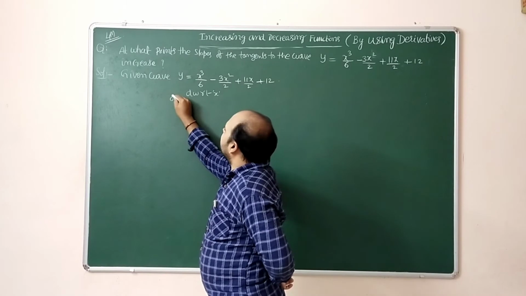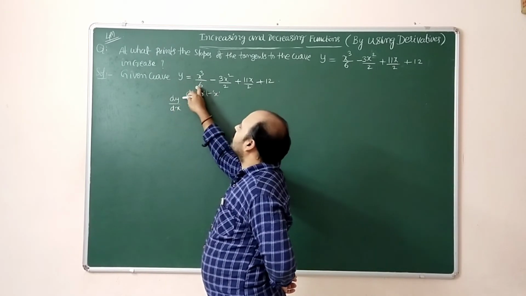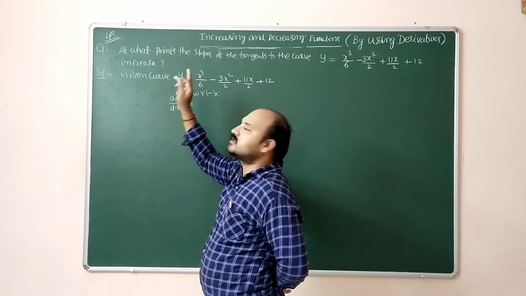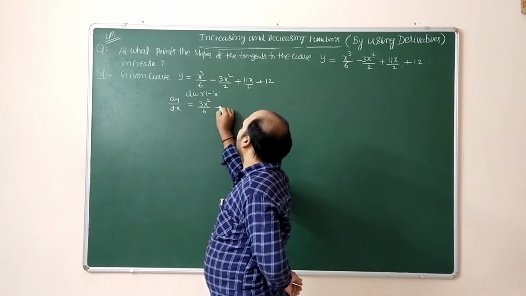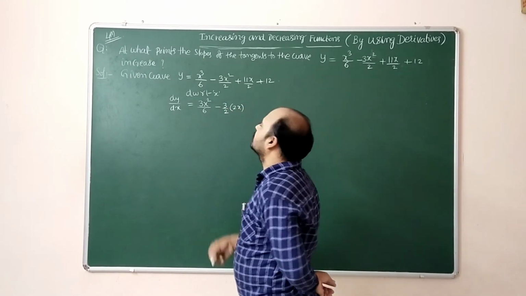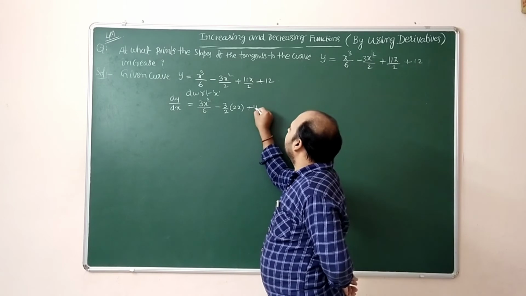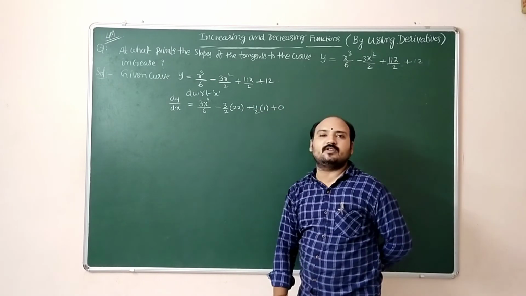So dy by dx is equal to 1 by 6 constant, x cube derivative is 3x square, so 3x square divided by 6, minus 3 by 2 constant, x square derivative is 2x, plus 11 by 2 constant, x derivative is 1, and 12 constant whose derivative is 0.